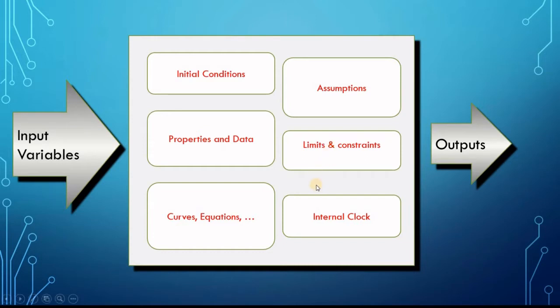And then the internal clock. The internal clock is how often you want this block to be executed to calculate. Is it half a second? One second? Ten seconds? Depending on your machine and process equipment, that will change.